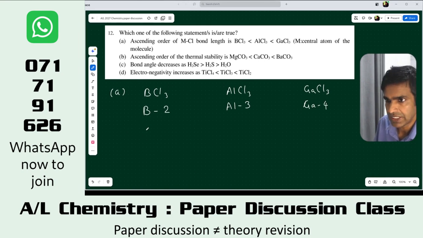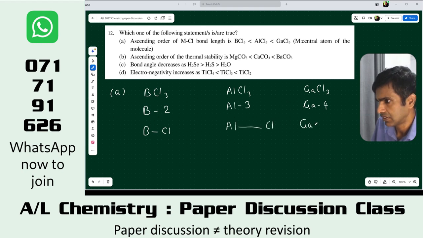So when we consider MCl bond, it's clear that MCl bond should increase in the order of BCl3, AlCl3, GaCl3 as the size of the sp2 hybrid orbital increases in the order of BCl3, AlCl3, GaCl3.